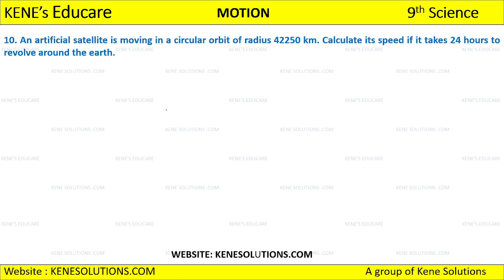The circumference of the orbit will be 2 into pi into 42,250, and that will be equal to 2,65,571 kilometer. Once you multiply that, and time taken for the orbit is 24 hours, right? So the speed of the satellite will become, you will be dividing it by 24. So you'll get the answer as 11,065.4 kilometer per hour. Okay.